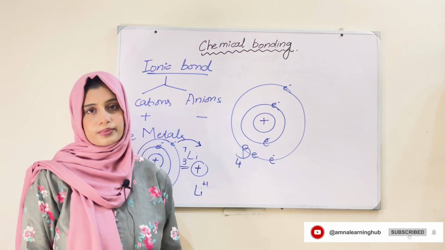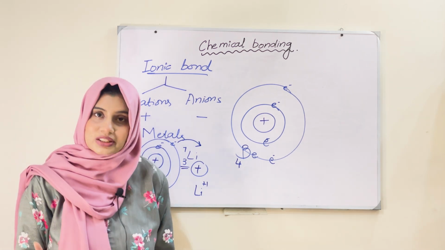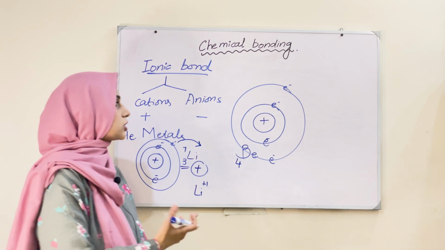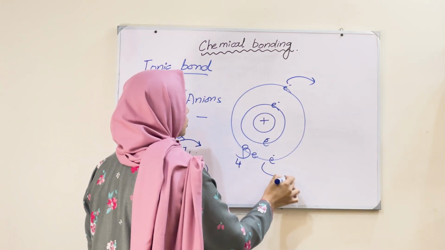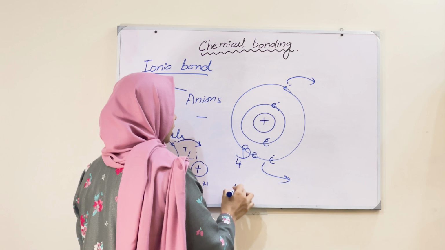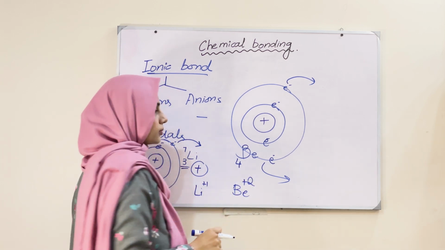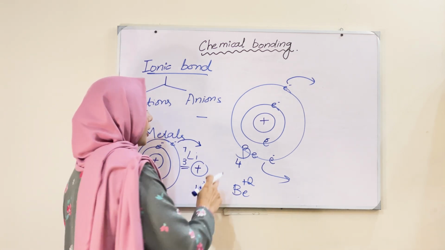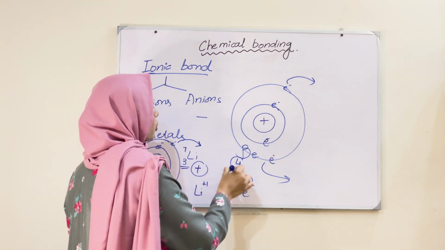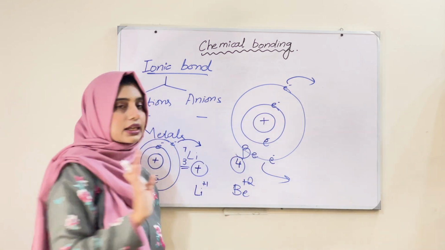What is easier? Losing 2 electrons or getting 6 electrons? Obviously, losing 2 electrons. So it will lose this electron, and it will also lose this electron. The remaining will be beryllium plus 2. In this case, 4 was the number of protons and 4 was the number of electrons initially.